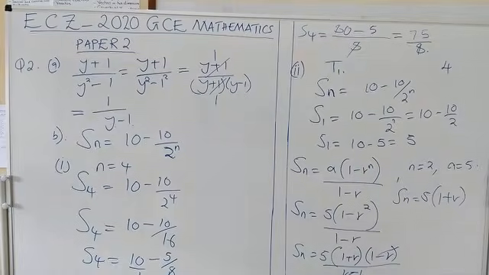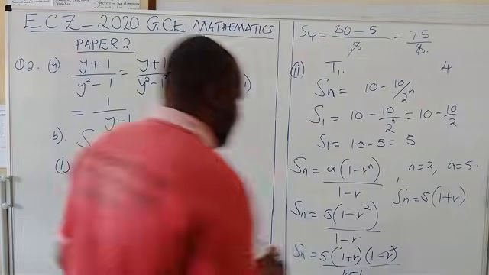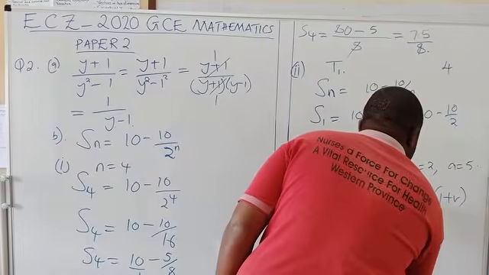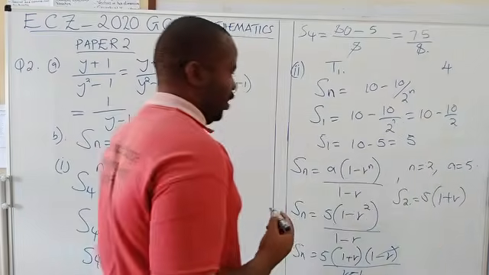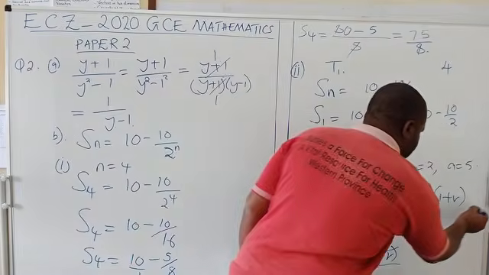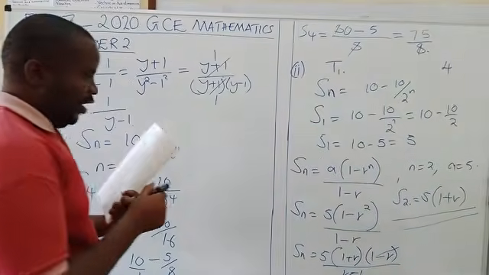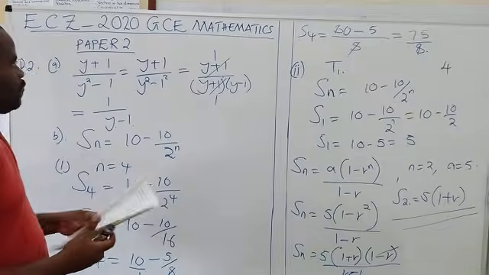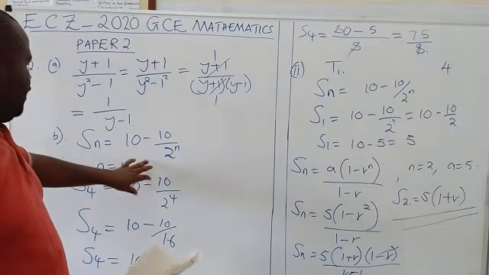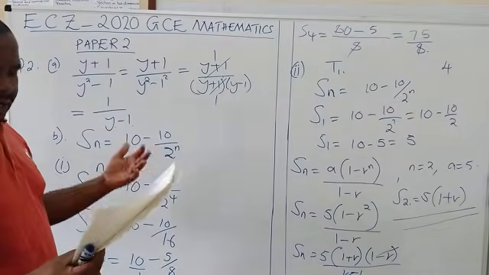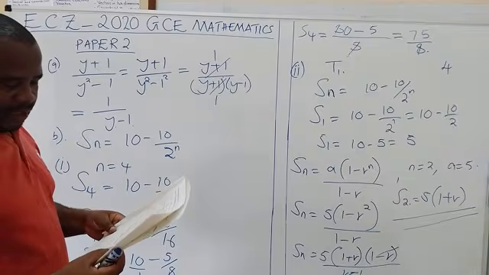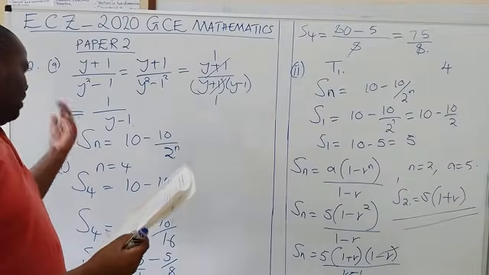Okay, so please take note that this is our second term. This is just the general expression for the second term. But we have a formula here for finding the sum of a number of terms of a GP.